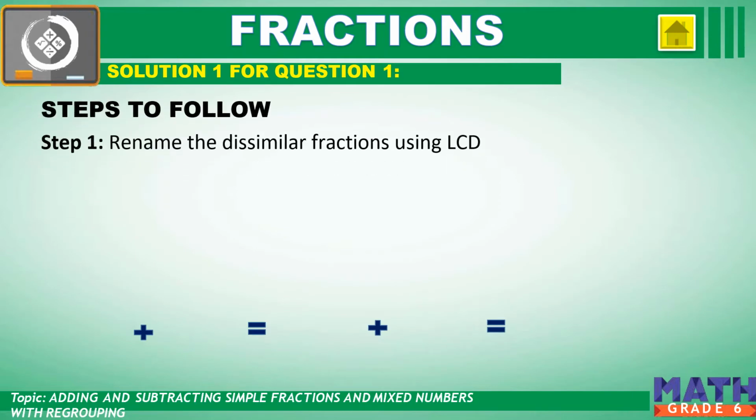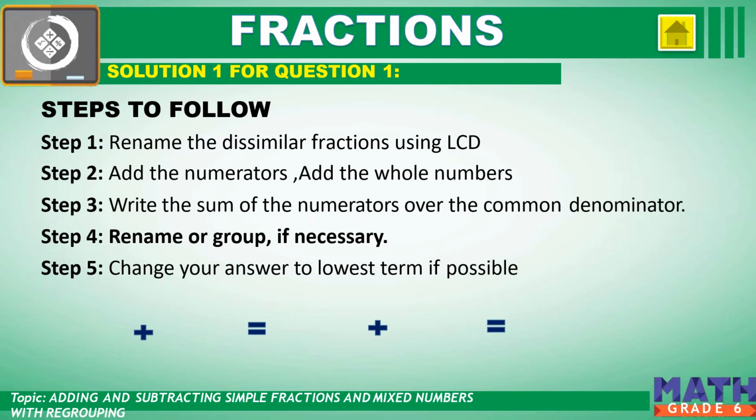Okay, now you may ask, is there a step to be followed when we are adding dissimilar fractions? Yes, we have the steps. Step number 1, rename dissimilar fractions using the LCD. So where are now our dissimilar fractions?